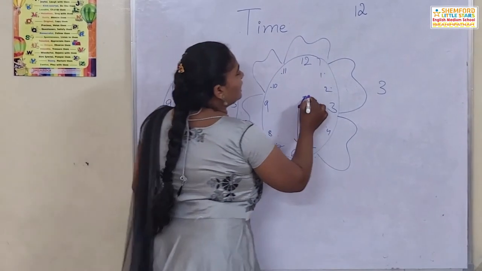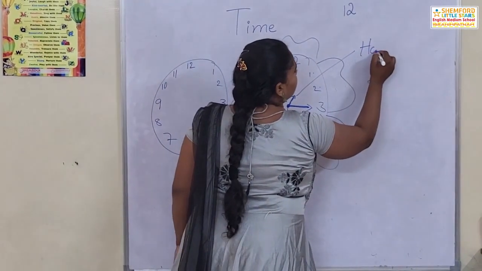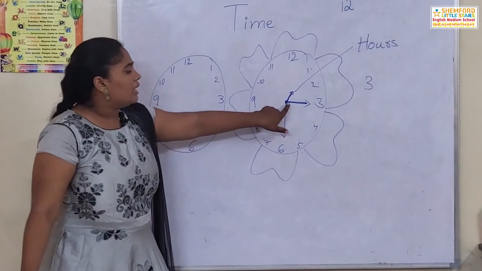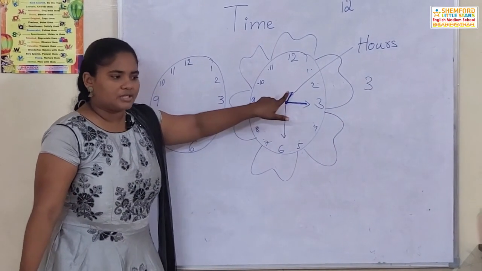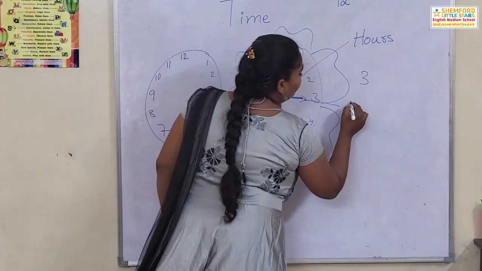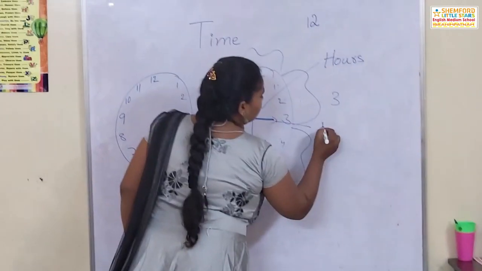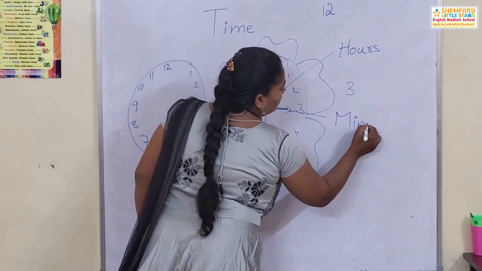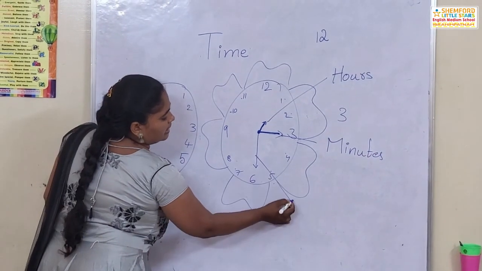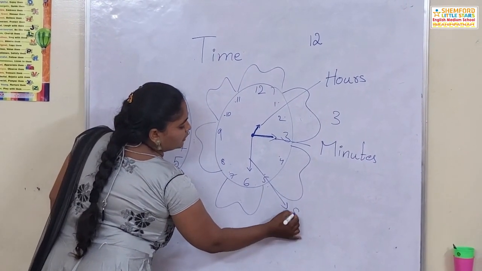The small needle is for hours. The one a bit bigger than the small one, and thick, this needle is for minutes. And this thin and taller one is for seconds.